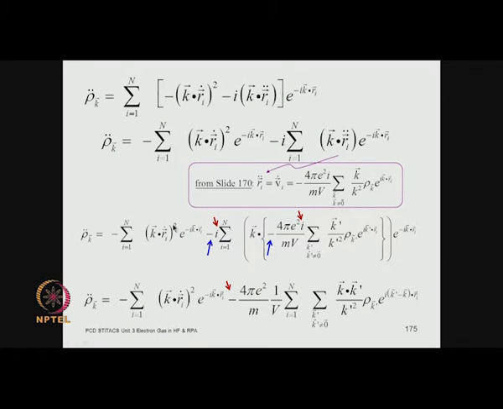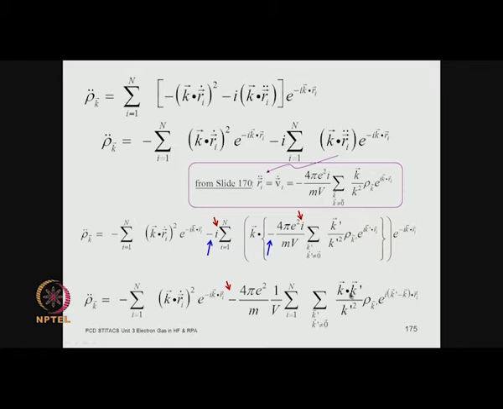Okay, the first term is written as it is. Now these two minus signs have been taken care of, the i square is taken care of, you have got the 4 pi e square over m v over here, you have got the summation over i going from 1 through n over here, and now you have got the summation over k prime not equal to 0, you have this k dot k prime.